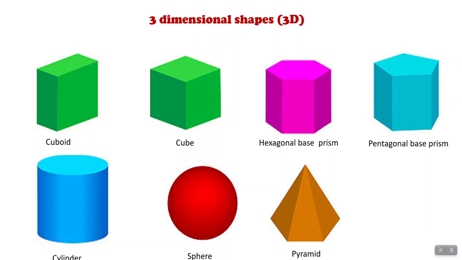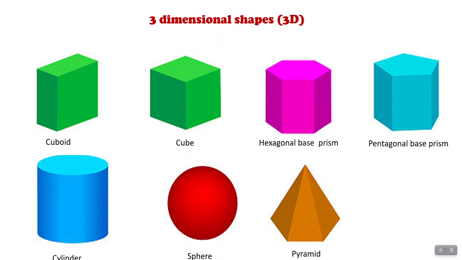The pyramid. So we know the pyramid of Egypt, which has a square base, and all the corners of the base join at the top at the same point. This one is probably a hexagonal or pentagonal base pyramid. Sorry.